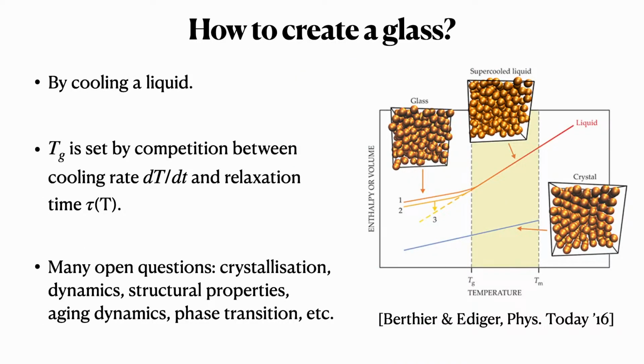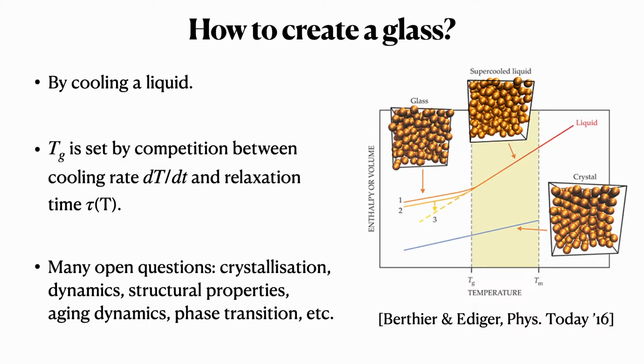So the next question is how one creates a glass. The most common method of creating a glass is by quenching a liquid. Typically when you cool a liquid, you get a crystalline structure, but if the cooling rate is fast enough that you avoid this crystallization process, you get a glass, which is a disordered solid. There are many open questions, like when does one avoid crystallization.